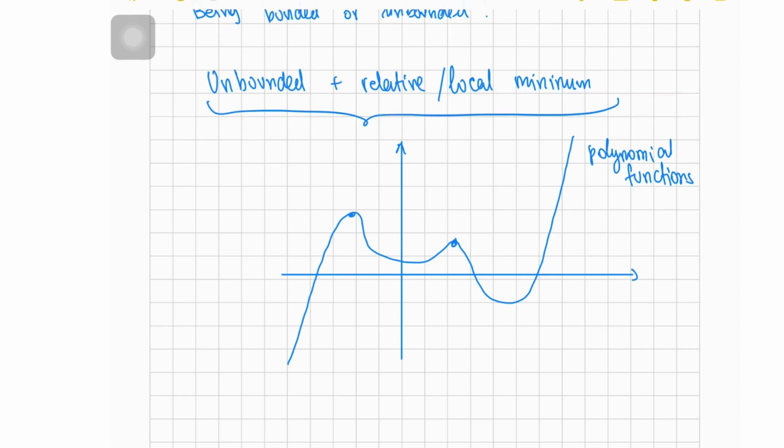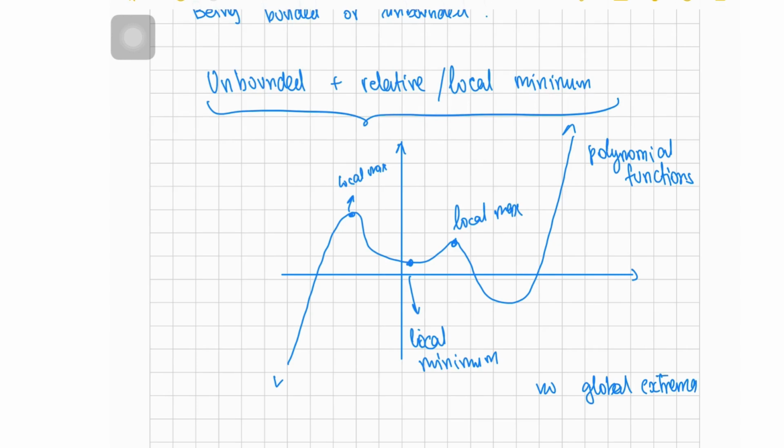So obviously the function has two local maxima, this one and this one, and this here is a local minimum, but there are no global minima or maxima. Why? Because the function is, as you can see, unbounded in the positive and unbounded in the negative direction, so no global extrema.